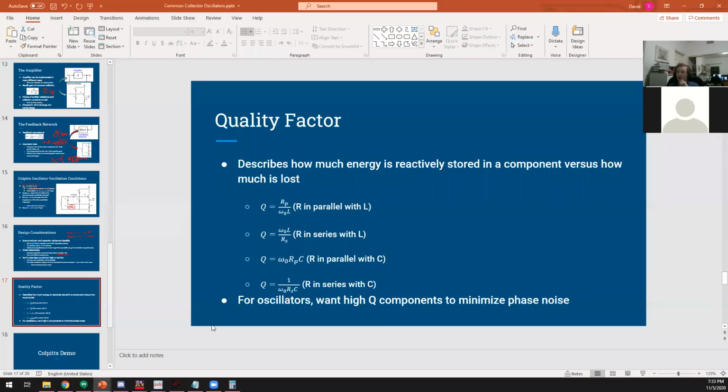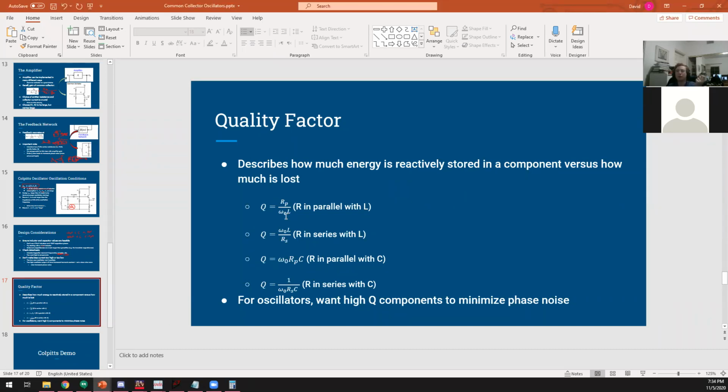Now, if I go back here, I have some equations. And this is just showing how to calculate quality factor based on the LC tank. Let's say we take the first equation. So we have a resistor in parallel with an inductor, and it's just that resistance over the resonant frequency times the inductance.